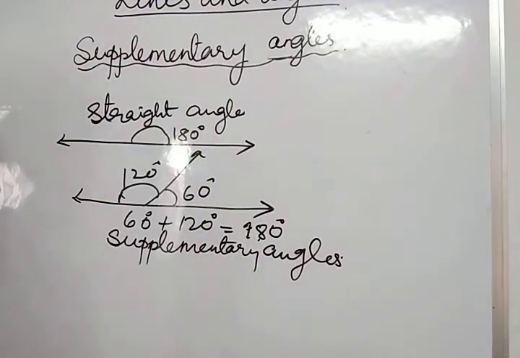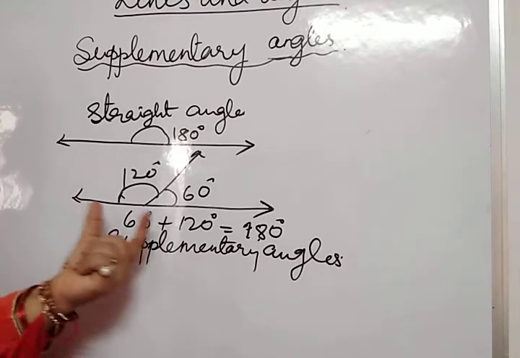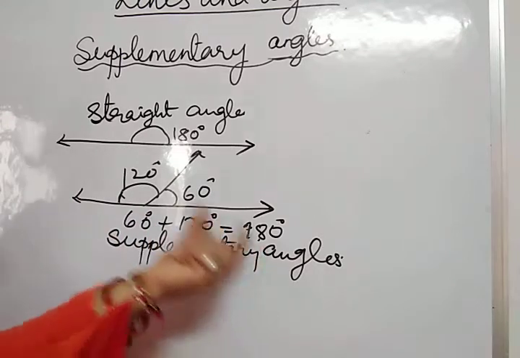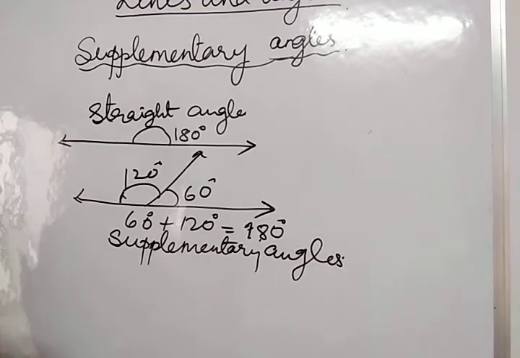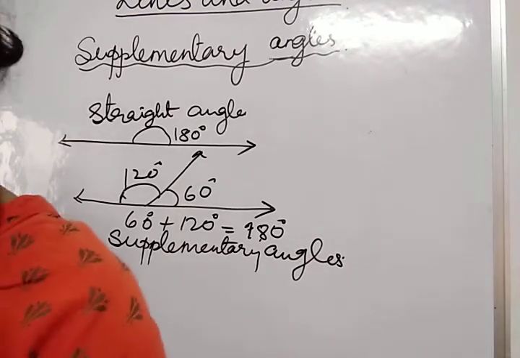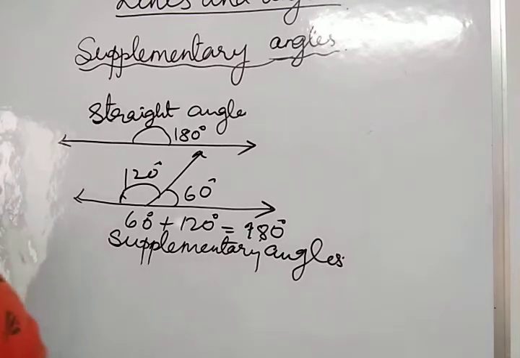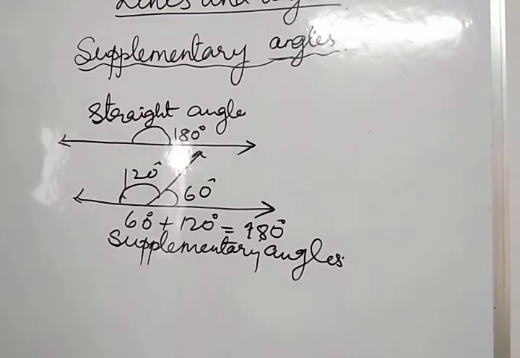If the sum of two angle is equals to 90 degree, they are said to be complementary angle. And if the sum of two angle is equal to 180 degree, they are said to be supplementary angles. Okay. So if we have to find out that the given pair of angle is supplementary or not, for that we will add the given angles.